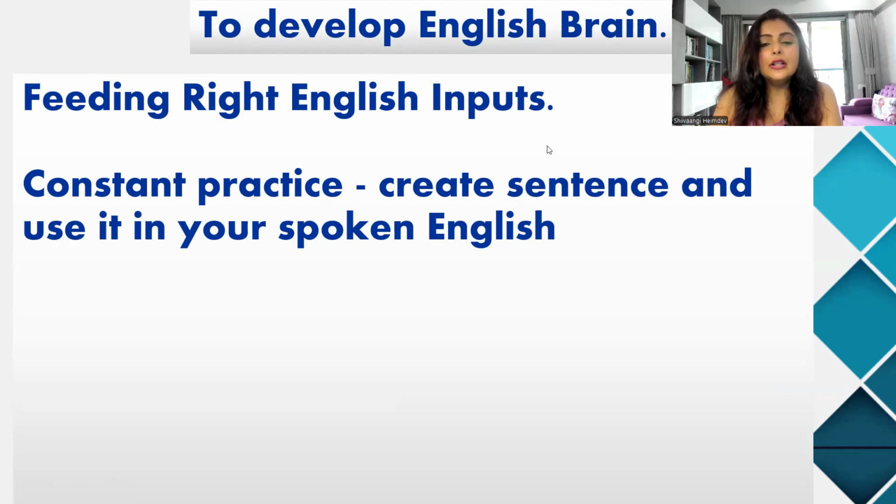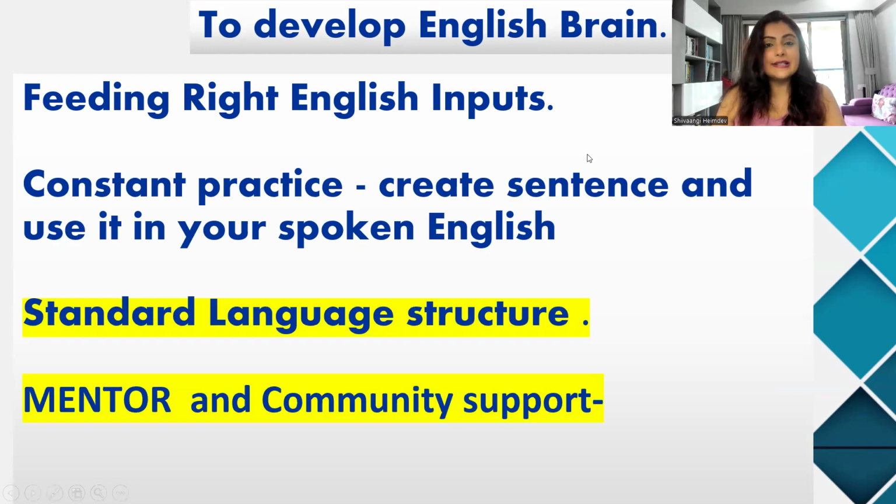Now, to develop the English brain, what is needed? Listen to me very carefully, friends. You have to make sure that you are feeding your brain with the right English inputs on a daily basis. Now, what should that input be?